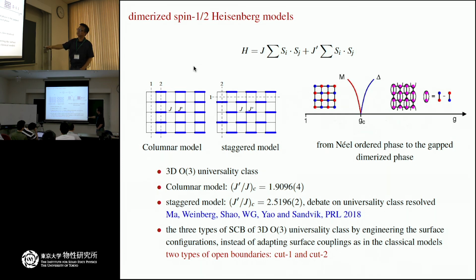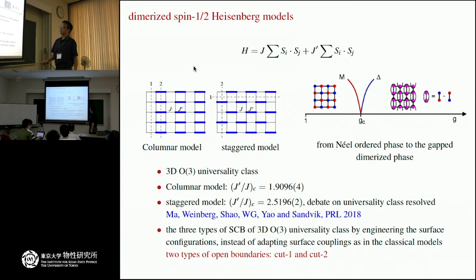For the columnar case, the critical point is 1.9096. But for this staggered model, the critical point is 2.5196.